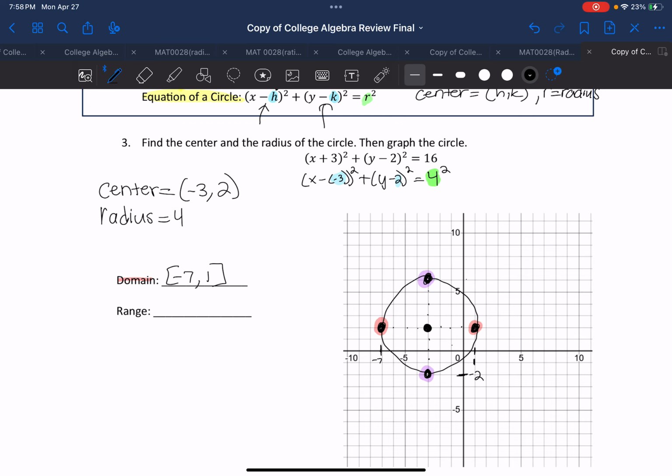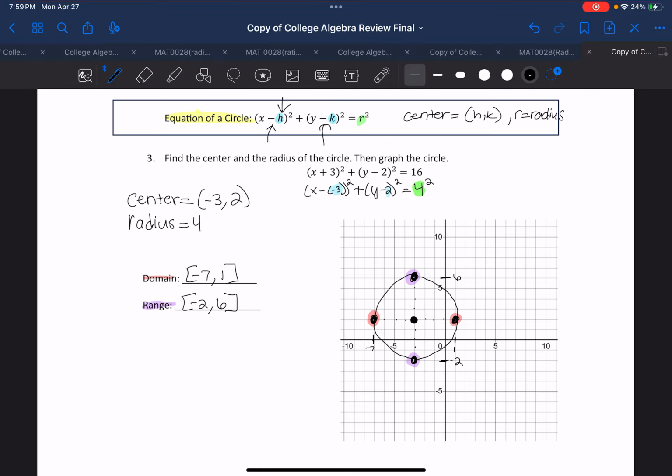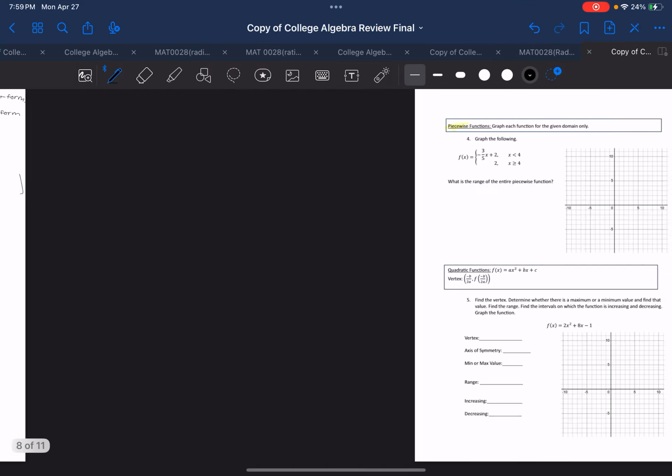And then the largest y value of that circle is a +6. So that range goes from -2 to +6, from bottom up, least to greatest. Okay, so that's that one.